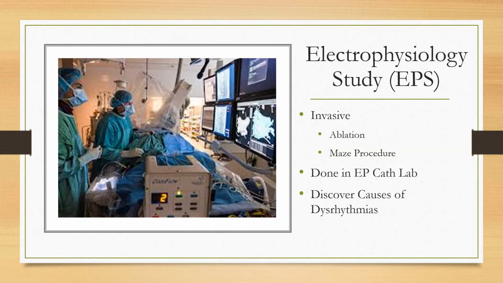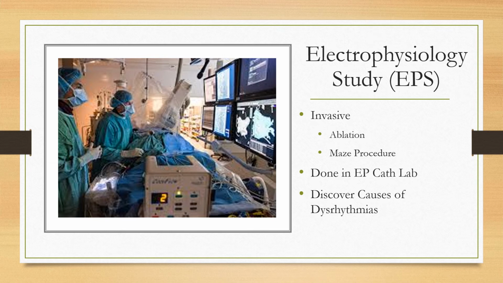Okay, so electrophysiology studies, we'll talk about these in the next module too, but what are we doing? Well, this is typically for a patient that has some kind of abnormal rhythm, right? And there are many abnormal rhythms that occur with the heart.